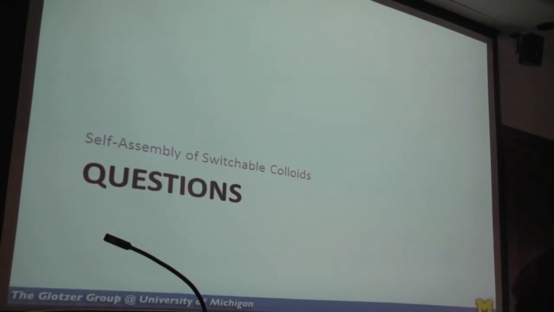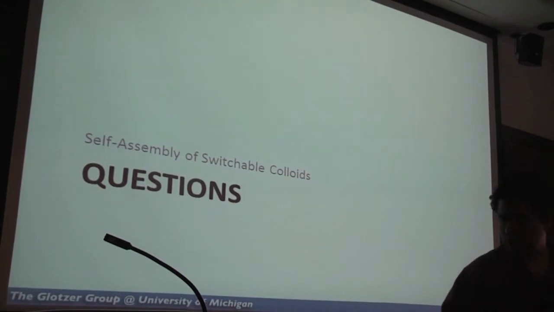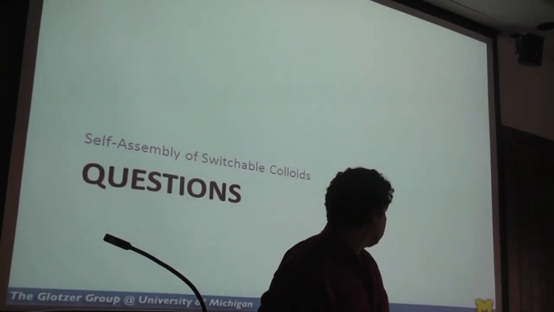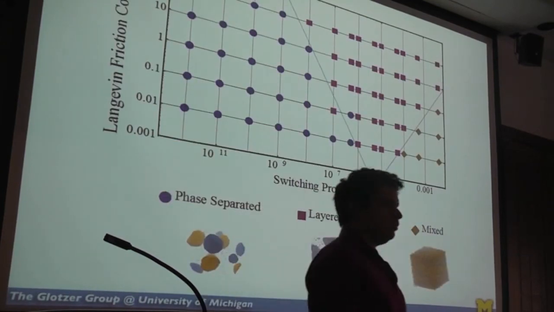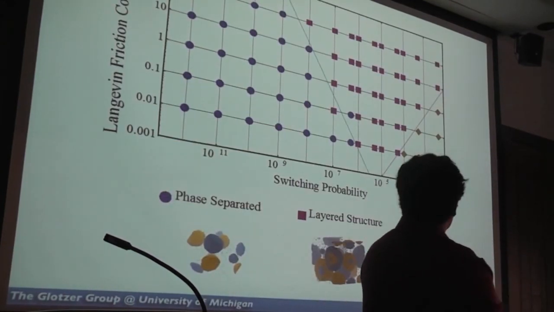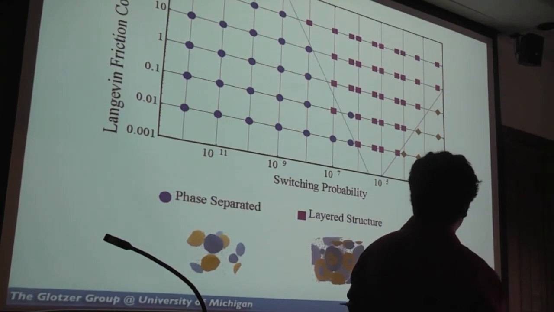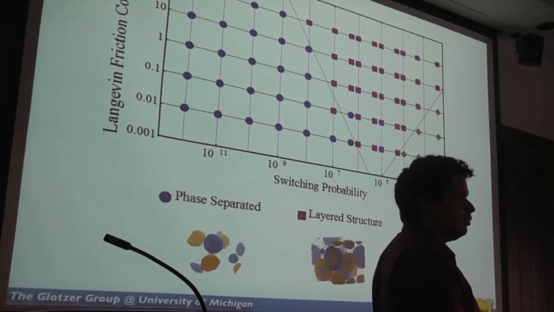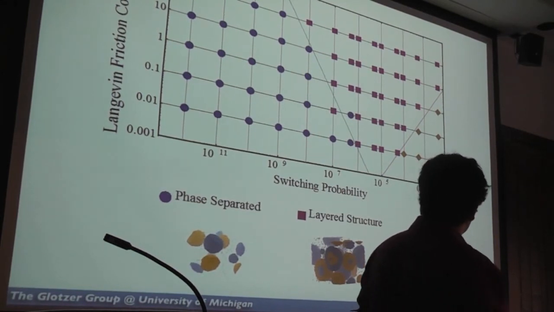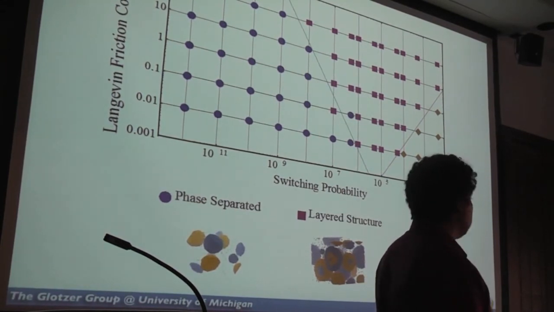So on the phase diagram for your first system, this is a little lower level, but I thought it was interesting. Right around between 10 to the minus 7 and 10 to the minus 5, in the second row up, can you really just tune the switching probability, start in one phase, get into another phase, and then get back into the first phase?